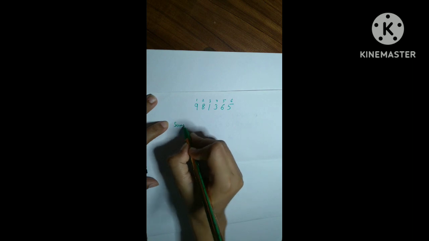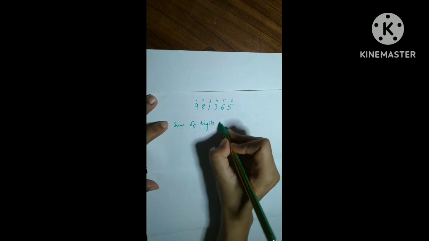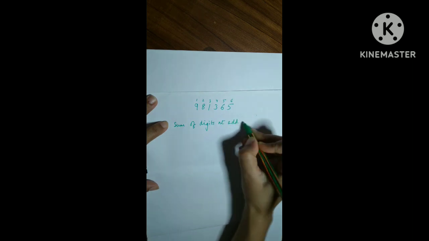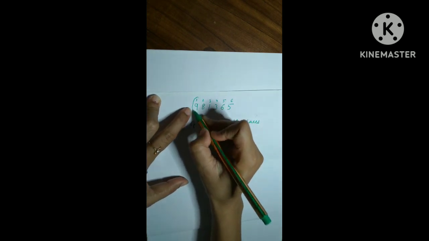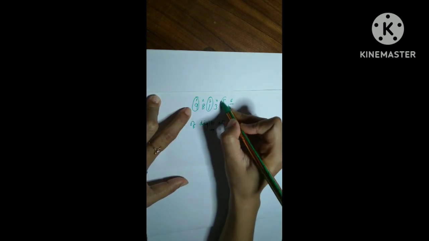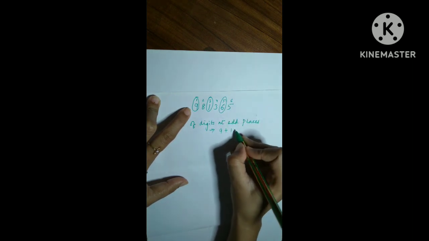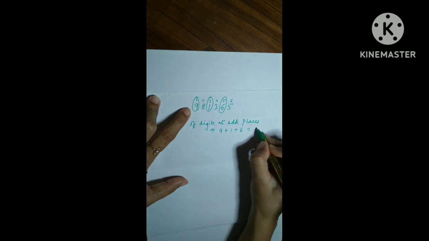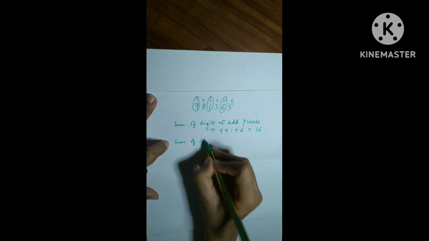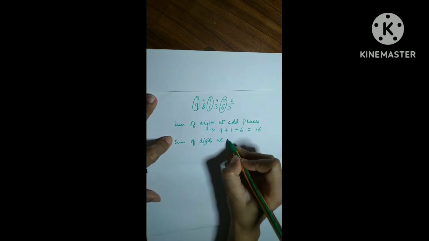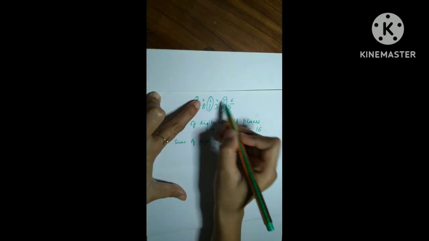First of all, let us take the sum of digits at odd places. Odd places is 1, 3, 5. So it's 9 plus 1 plus 6. Now, sum of digits at even places, 2, 4, 6.